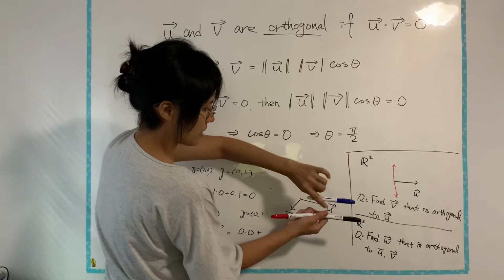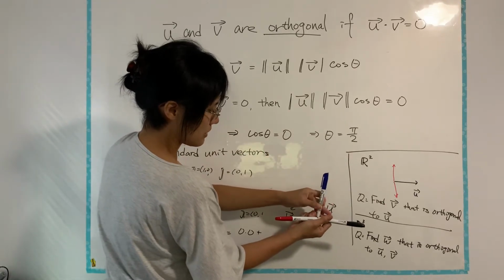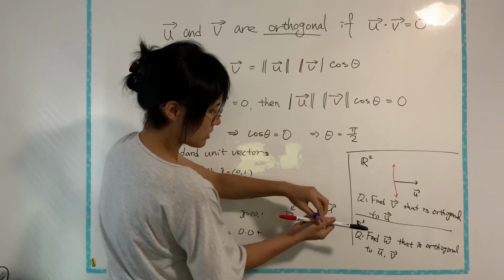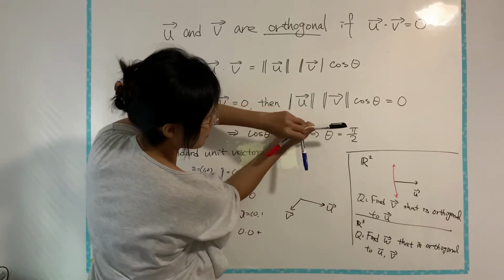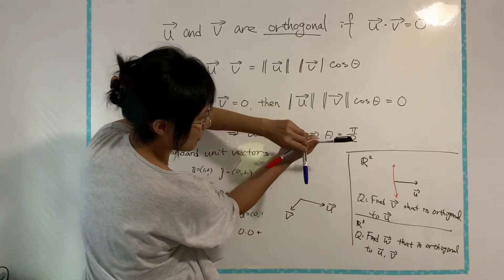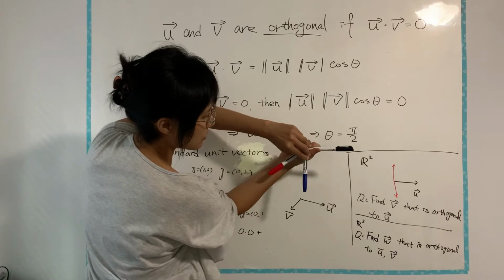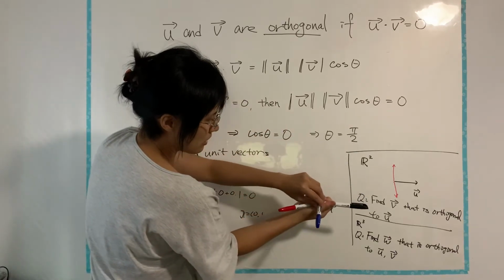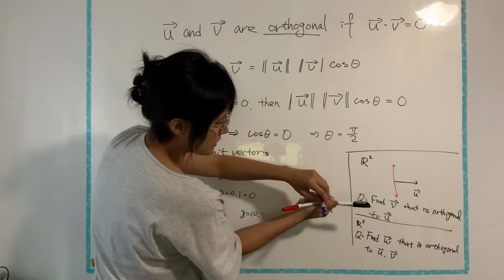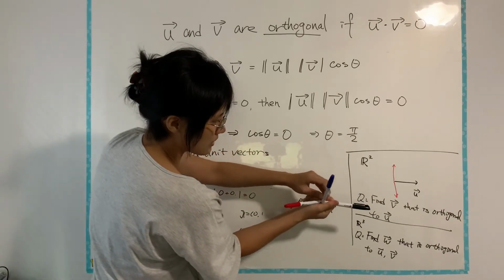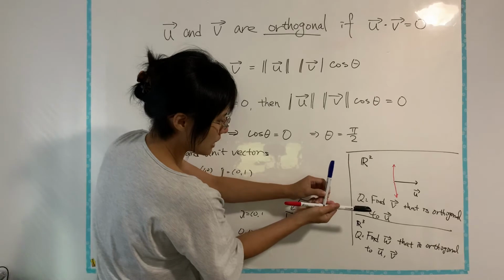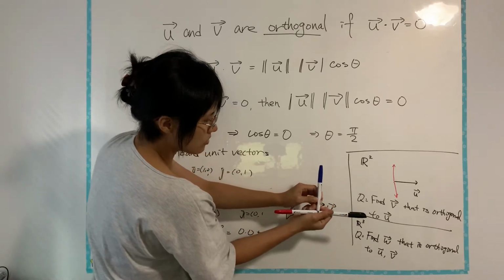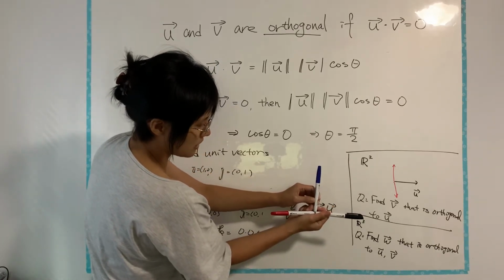I'm looking for a third vector that is perpendicular to both of them. So think about this. If it goes this way, okay, you can see the blue and the black are perpendicular, but the blue and the red are not perpendicular. So this is not the answer. So I will keep the 90-degree angle between blue and black and keep rotating it, so then the blue and the red are orthogonal as well.